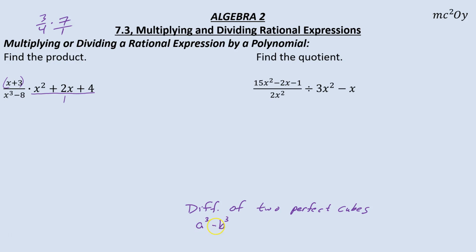We have a perfect cube and a subtraction sign and a perfect cube. Remember that factoring becomes a minus b times a squared plus ab plus b squared. So I'm not going to go through how we come up with that pattern because I've taught it before. I think in the textbook we're using it's like 4.4 if you want to look back in your notes.